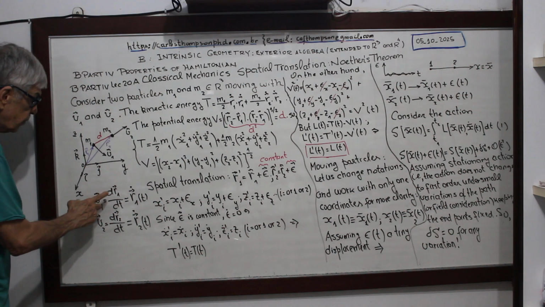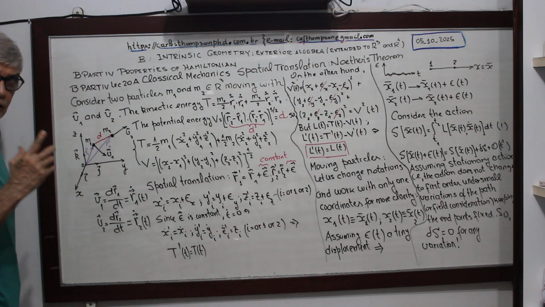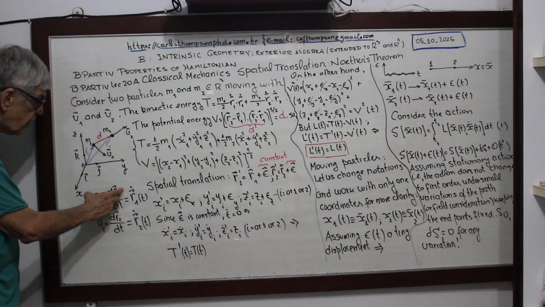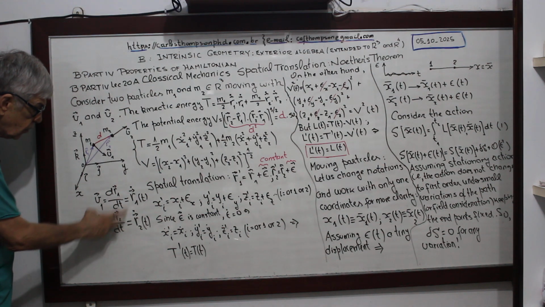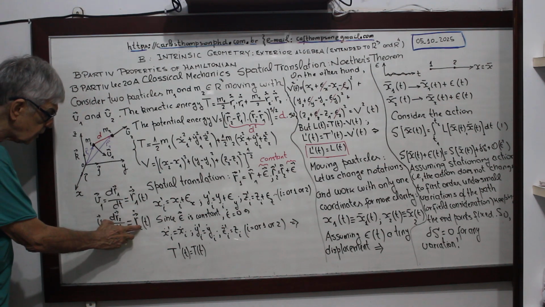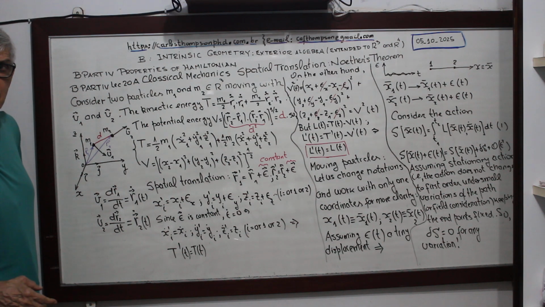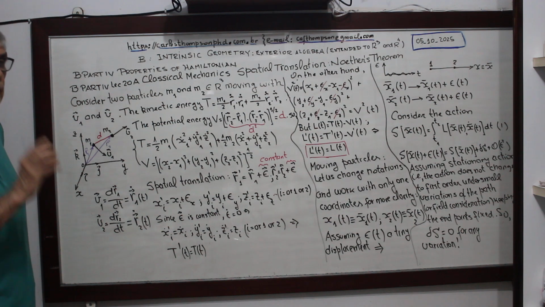v1 and v2, attention, are the first ordinary derivatives of the position vectors R1 and R2, that is, R1 dot and R2 dot, the derivatives with respect to time.